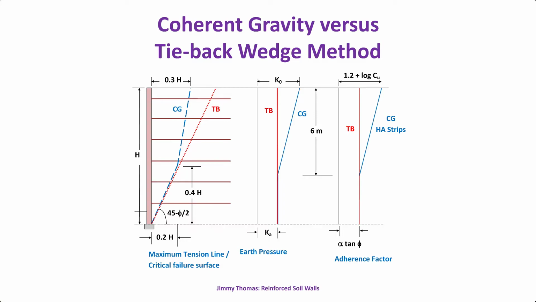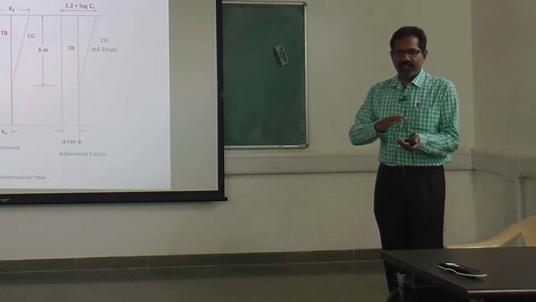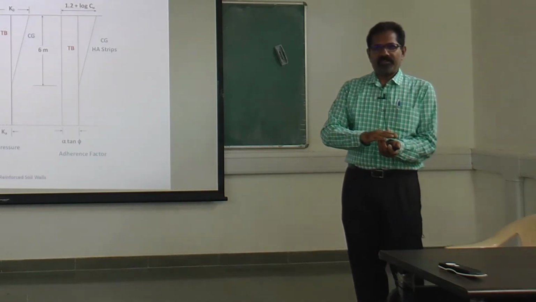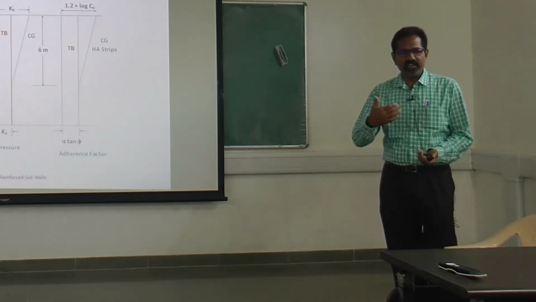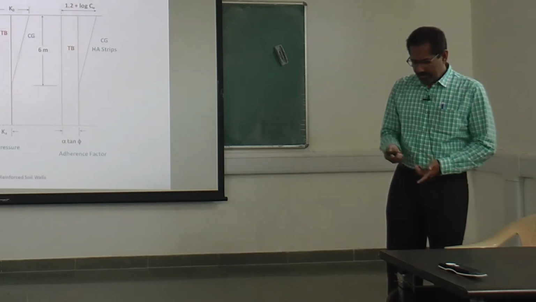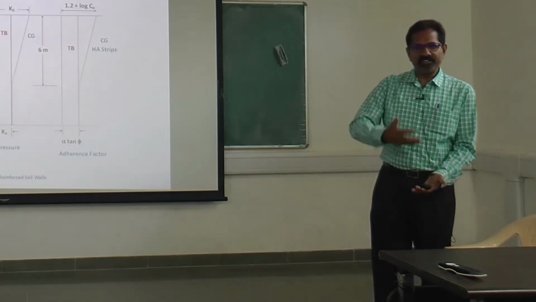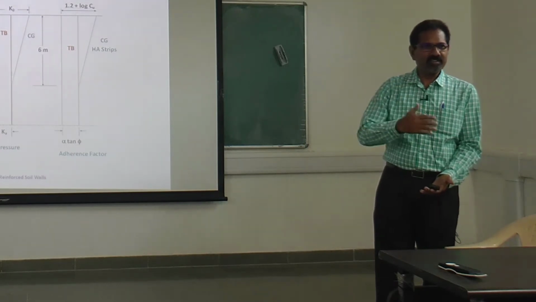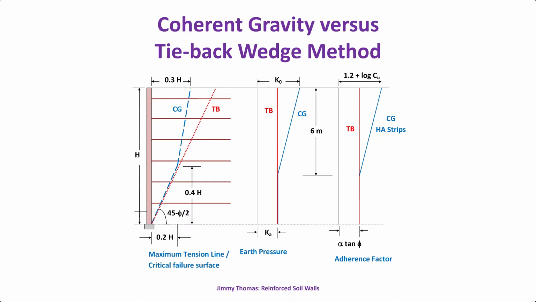Like we have studied in soil mechanics, if you shear a dense sand, it dilates. So here also dilatancy is there, and that gives as if a higher friction angle. And we know as the normal stress increases, the tendency to dilate is suppressed. So if you put enough confining stress, dilatancy is not there. That is why at a depth of 6 meters it becomes like the other. So these are the three fundamental differences between tie-back and coherent gravity.